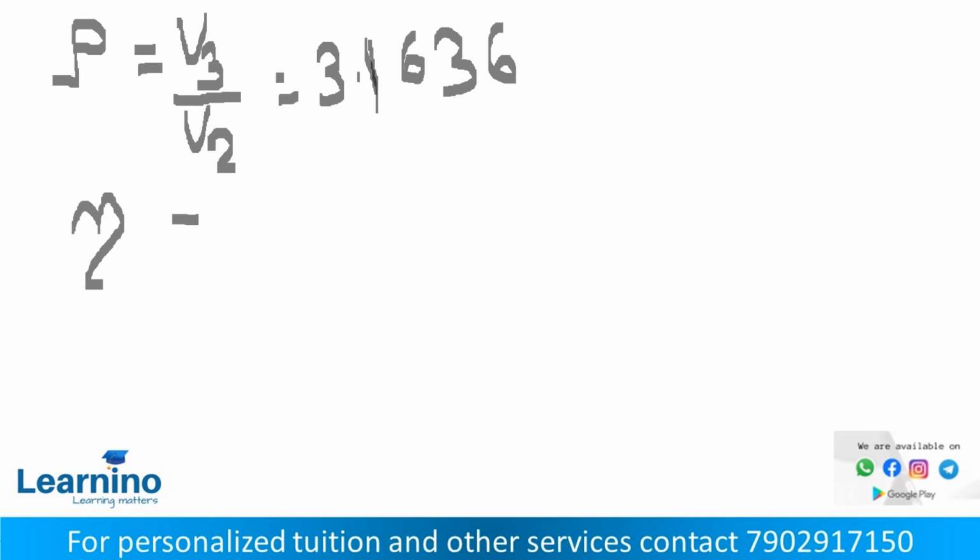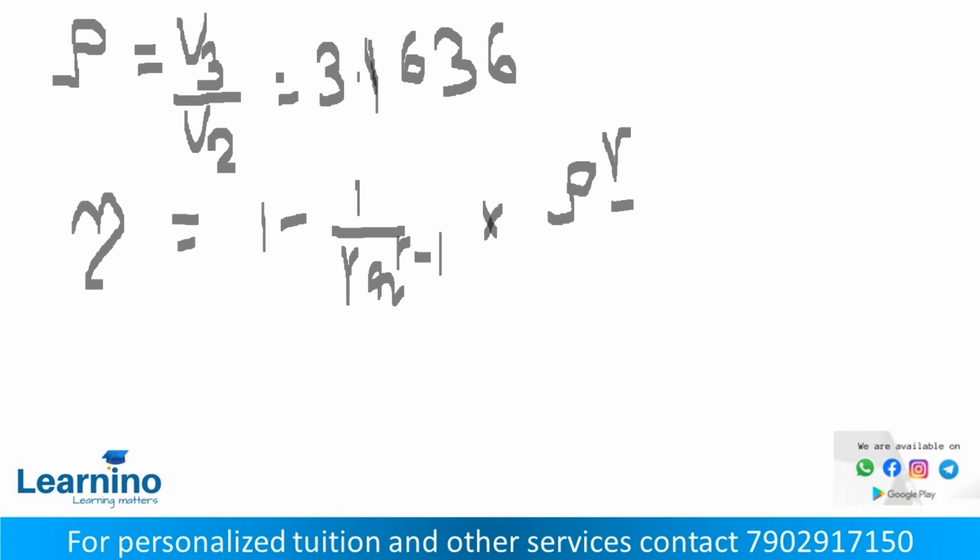Efficiency of diesel cycle is equal to 1 minus 1 by gamma into R raised to gamma minus 1 into rho raised to gamma minus 1 divided by rho minus 1, where rho means cutoff ratio.